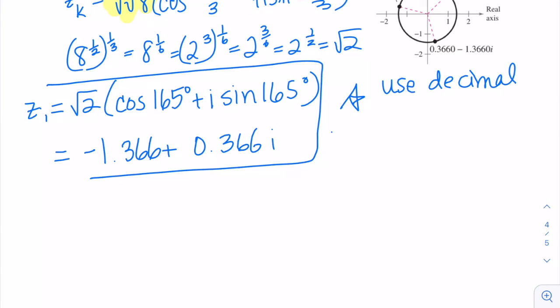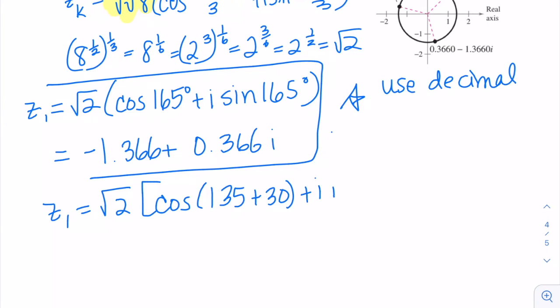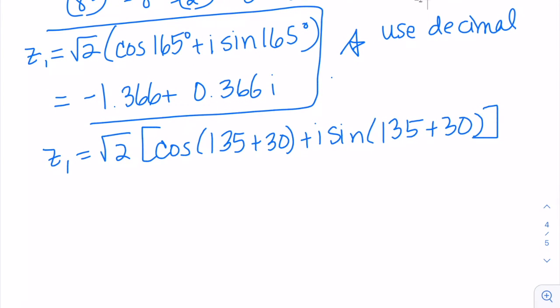If we're going to use the sum and difference formulas, we can. I'm not going to ask you to do this, but just as a refresher, we can rewrite this as cosine of 165, so that's going to be 135 plus 30 plus I times the sine of 135 plus 30. And then we can use those sum formulas from chapter 5. So we have square root of 2, so that's going to be cosine of 135 times the cosine of 30.